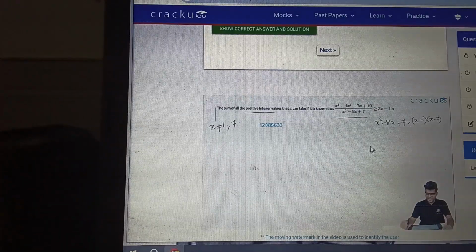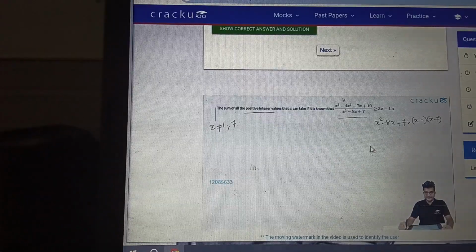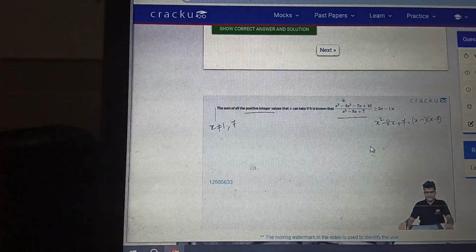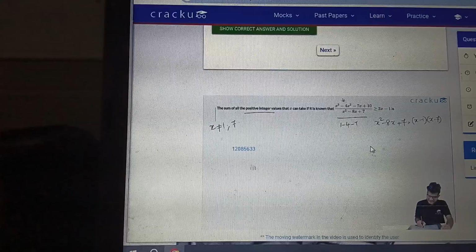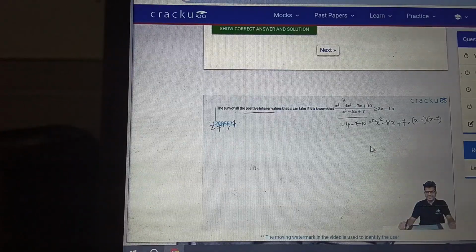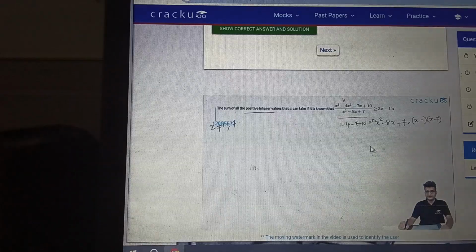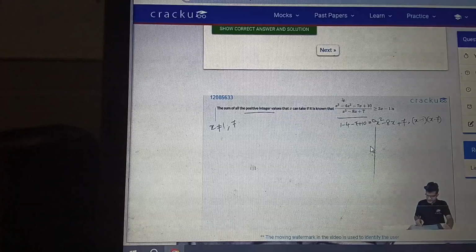Looking at the numerator, x cube minus 4x square minus 7x plus 10. If you substitute x equal to 1, this becomes 1 minus 4 minus 7 plus 10, which is equal to 0. This would imply that x minus 1 is a factor of the cubic. So let us try to factorize it.